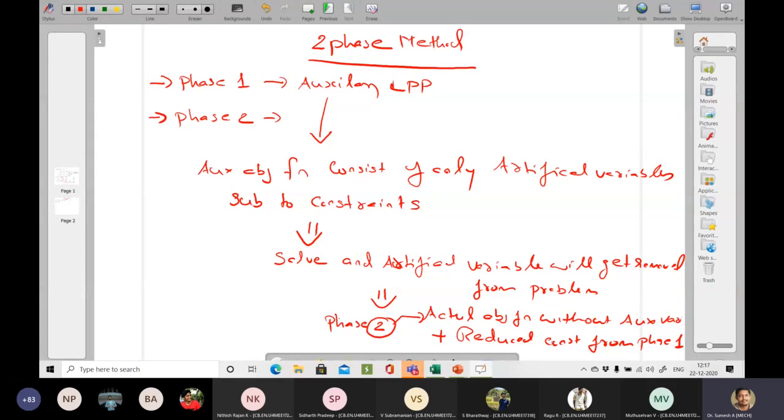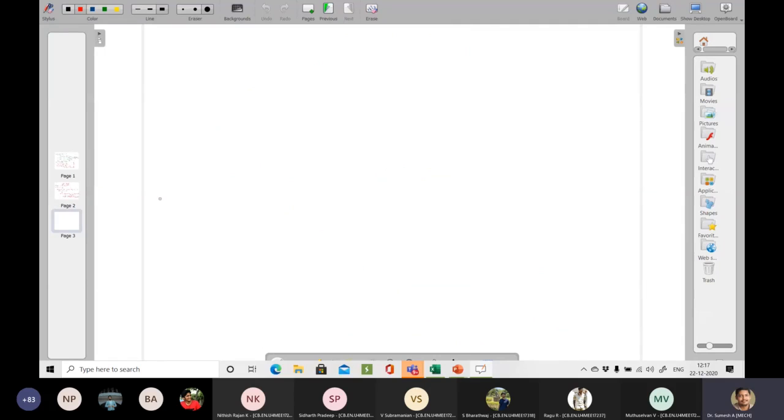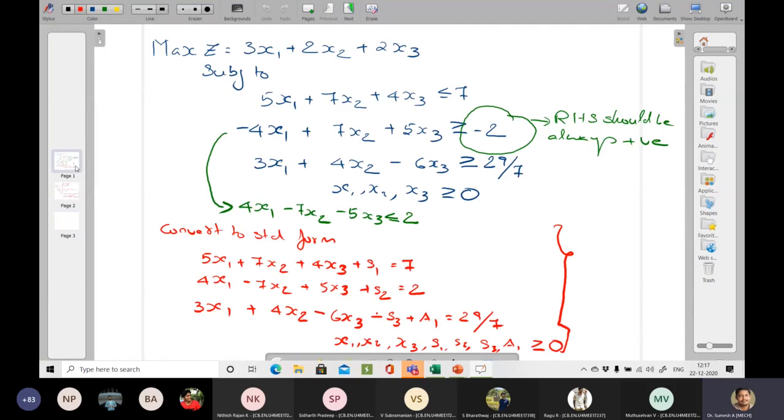So for the given problem, how many artificial variables do we have? We have only one.